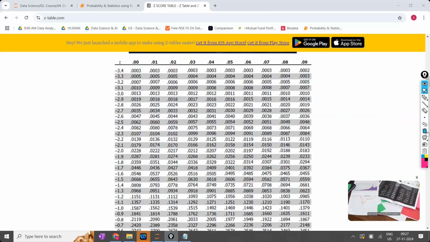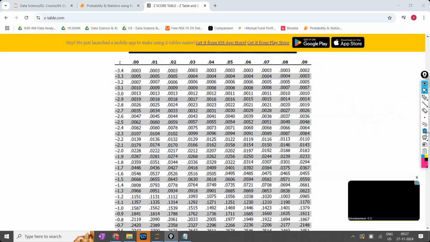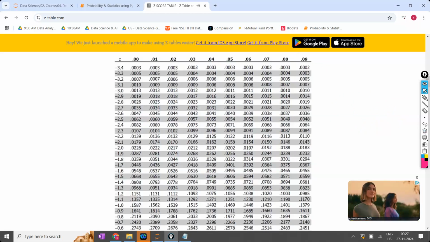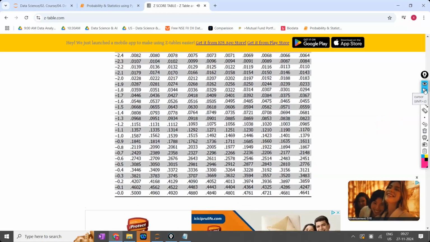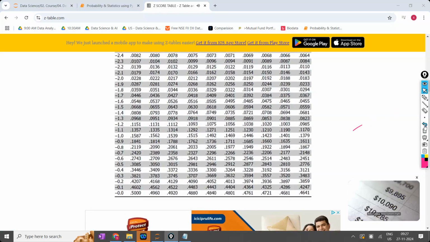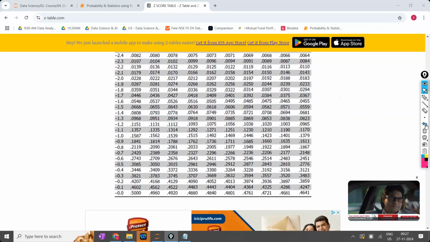Similarly, earlier we calculated for x less than 60, that is z of 0.00. How to calculate for 0.00? 0.0 is up to here, and again 0.0 is 0.5. So what is the probability of x less than 60? This is the question. That is nothing but the probability from the minimum value to 60.